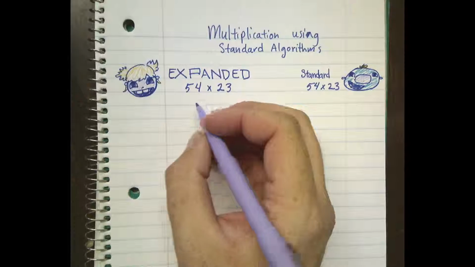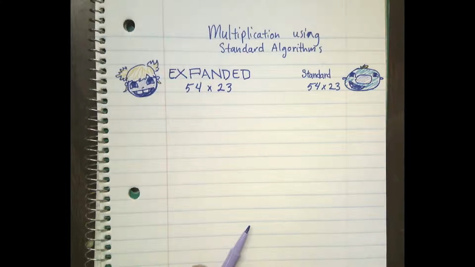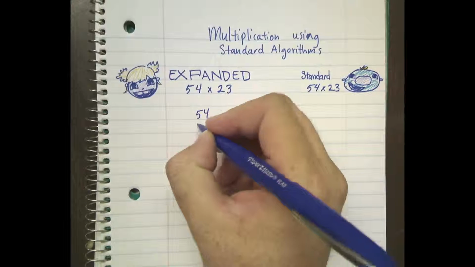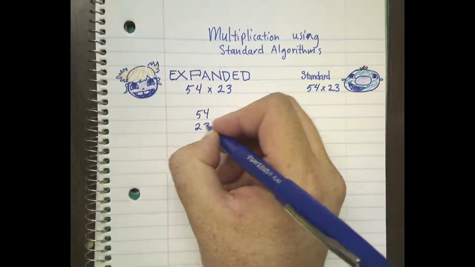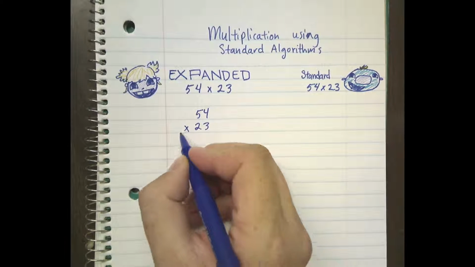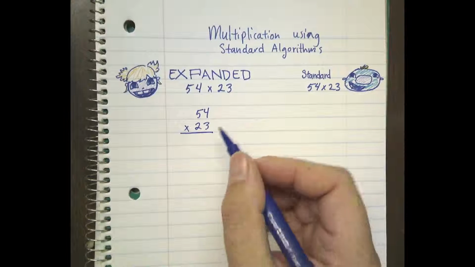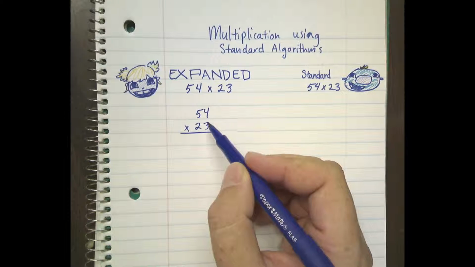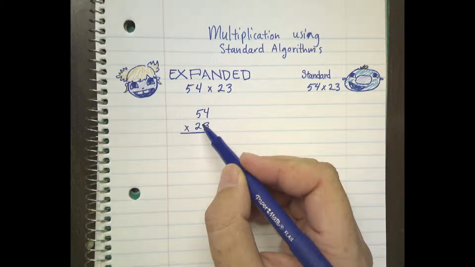So let's write this how you would normally write it. I'm going to pick blue here. I'm going to write my 54 and my 23 right underneath. The first number that I'm going to multiply is this 3, and this is actually 3 ones.